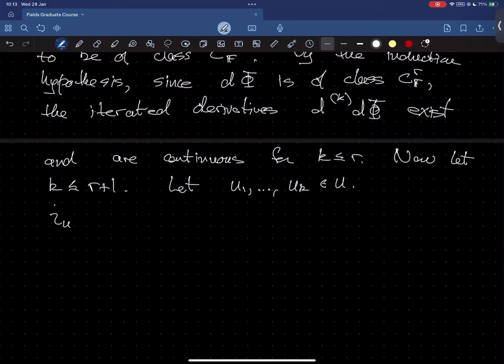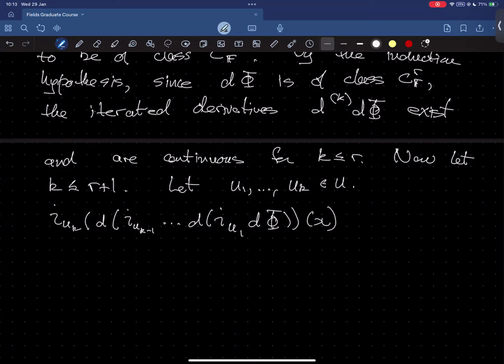And I need to show that this mess that I'm about to write down makes sense: D_{uk} of D_{u(k-1)} ... D_{u1} phi, evaluated at x. That's the thing I need to show makes sense.